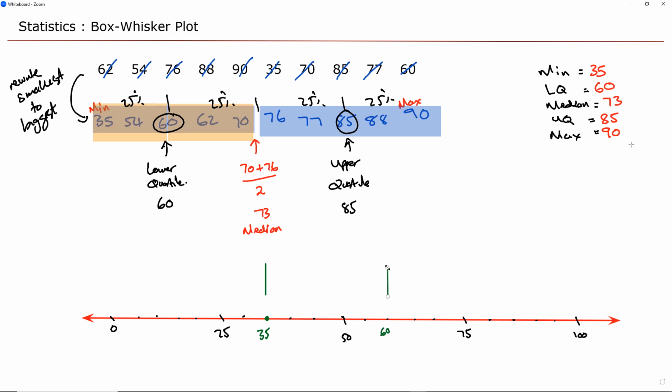The next one is 73. This is 65, 70. 73 is going to be over here, so that'll be above here. And then 85. 80 is over here, 85 is over here.